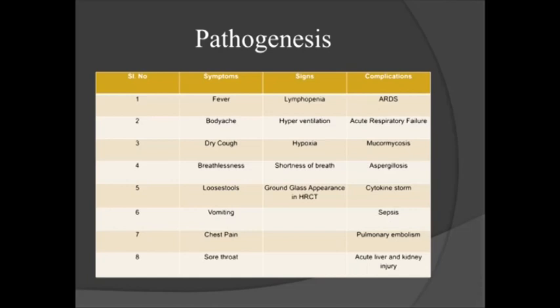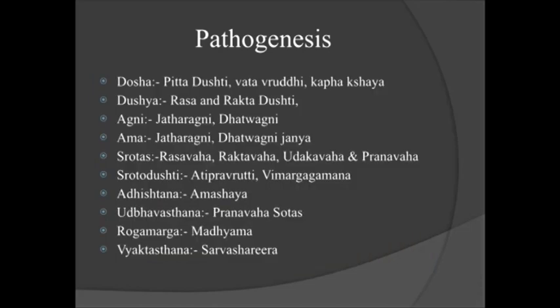Pathogenesis, that is Sroto Samprapti. The Dosha involved is Pitta Dushti. Vata Vruddhi will be there, Kapha Kshaya will be there. Dushya, Rasa Rakta Dushti will be there. Agni, Jatharagni will be hampered, and Ama, Jatharagni and Dhatu Agni Janya Ama.